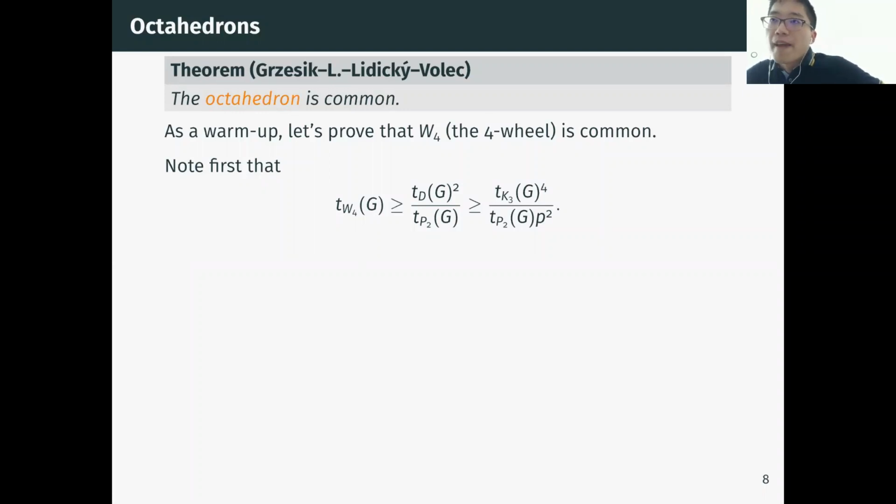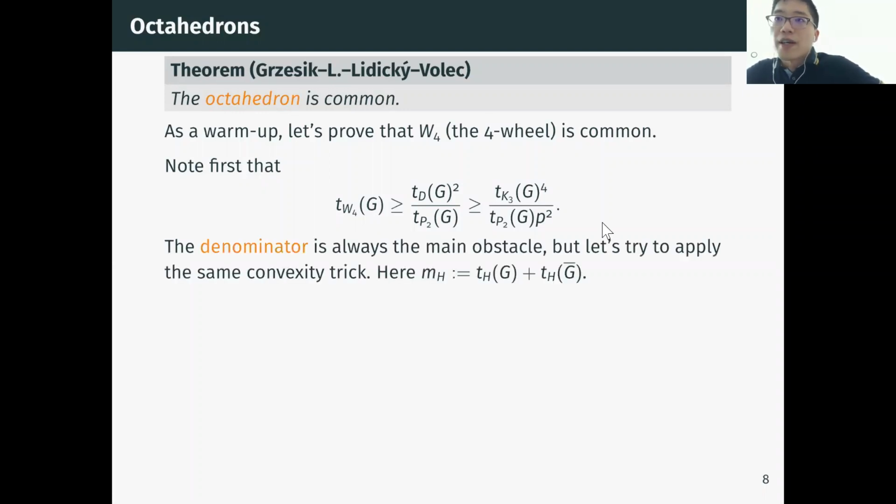And then what we do is to deal with the denominator. Here we kind of know how to deal with these p's and 1 minus p's in the denominator. We've just seen the way to deal with these, but we haven't seen how to deal with the path of length 2 counts. So these terms in denominators are always the main obstacle in applying this Cauchy-Schwarz calculus.